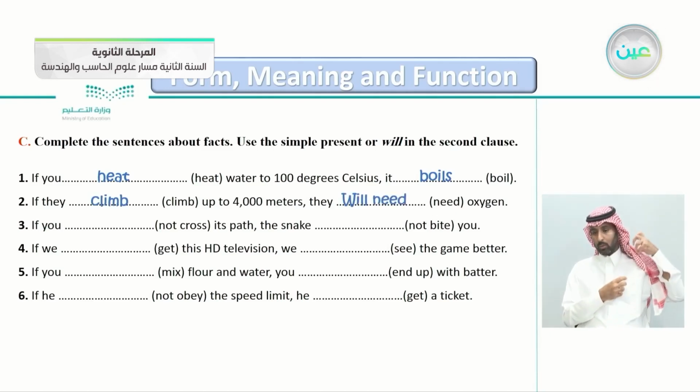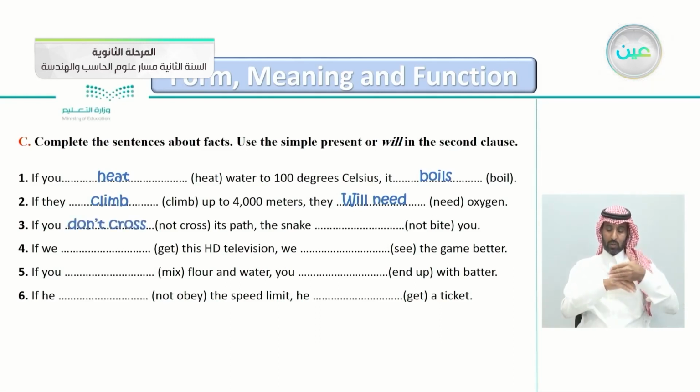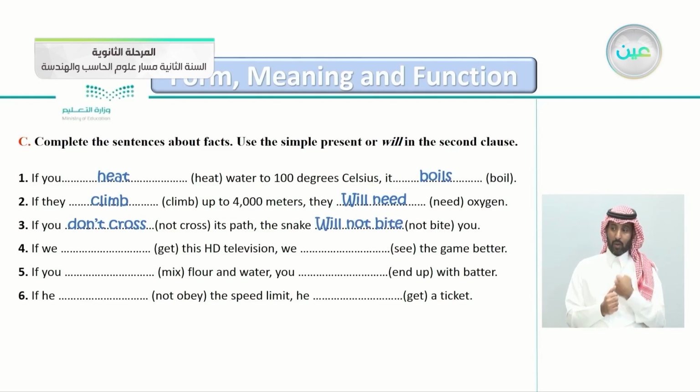Number 3, if you don't cross its path, the snake not bite. That's correct. Will not bite you, or you can say won't bite you. Number 4, if we get this HD television, we see the game better. Do we say we see or we will see? Yes, we will see the game better.